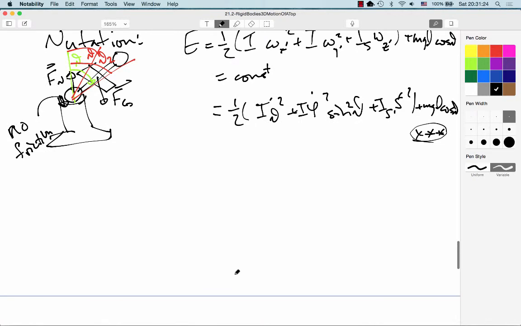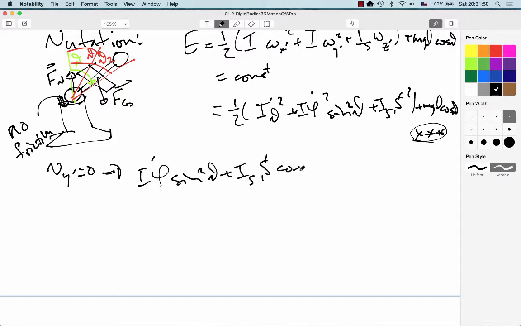All right. Now, if we go back to our ny prime equals 0 condition, we can get from it that I phi dot sine squared theta plus I_S S cos theta equals, we'll call that L_Z, a constant. We saw that already.